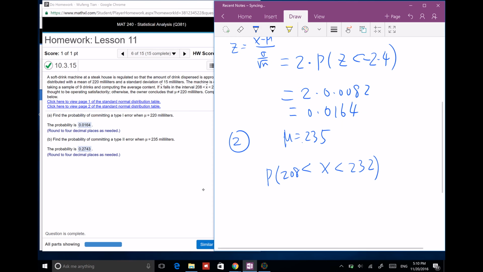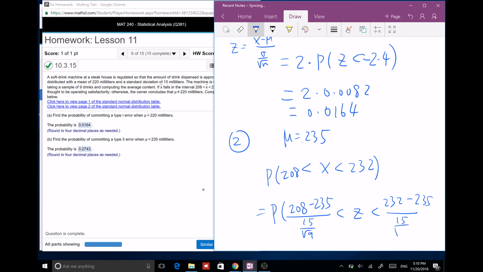So it's the probability of 208 minus 235 divided by 15 over square root of 9 less than Z less than 232 minus 235 over 15 over square root of 9.